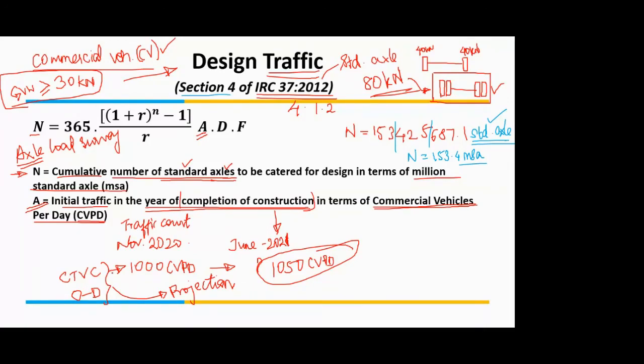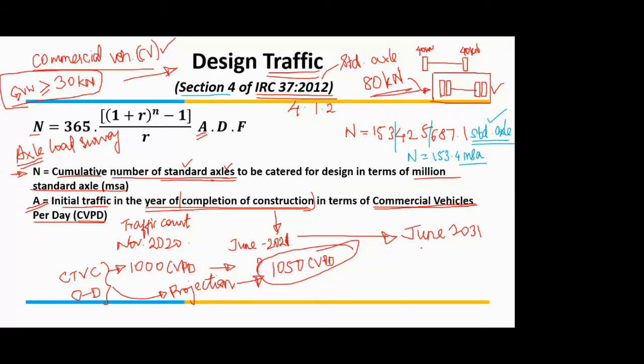In the same way, here we are counting the number of vehicles, and then using the OD survey and the CTVC survey data, we project it, and we come to the value of June 2021. And we don't stop at this point. We project it for the complete duration. Suppose this road is intended to serve for 10 years, so from June 2021 to June 2031, you will project the traffic data, because you need it for the economic and financial analysis of your road.